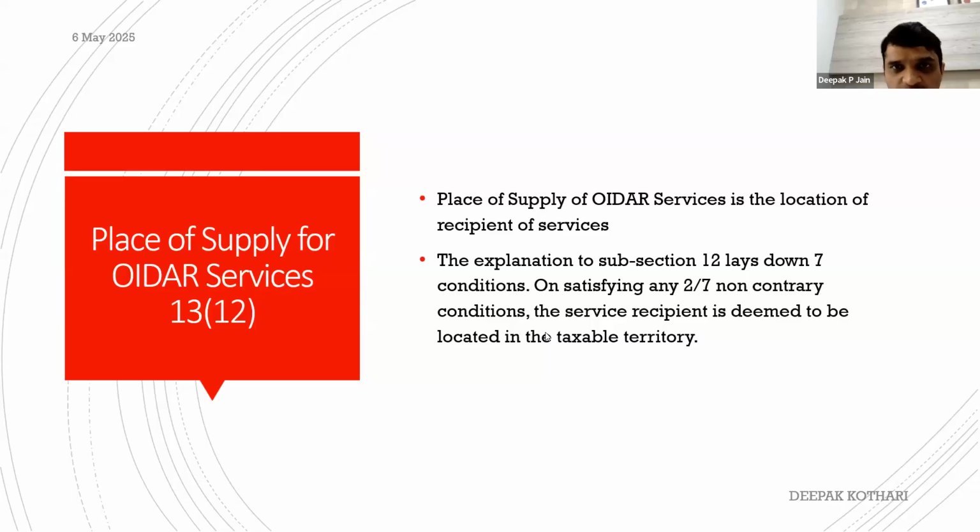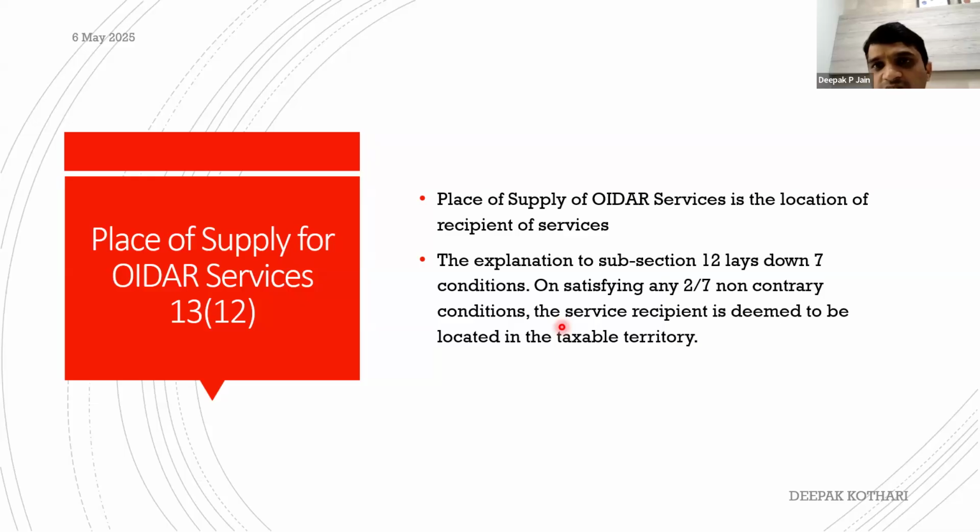Going through section 13(12), the place of supply of OIDAR services is the location of the recipient. Then there is an explanation which is added to this sub-section 12, which lays down 7 conditions, and it says that on satisfying any 2 out of the 7 non-contrary conditions, the service recipient is deemed to be located in the taxable territory.